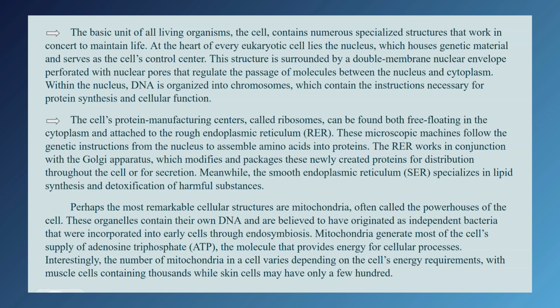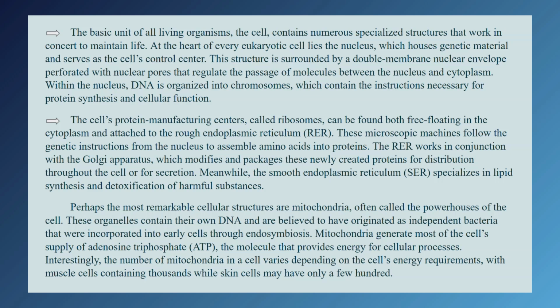The cell's protein manufacturing centers, called ribosomes, can be found both free-floating in the cytoplasm and attached to the rough endoplasmic reticulum. These microscopic machines follow the genetic instructions from the nucleus to assemble amino acids into proteins.